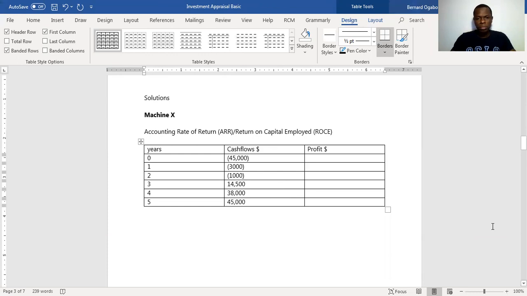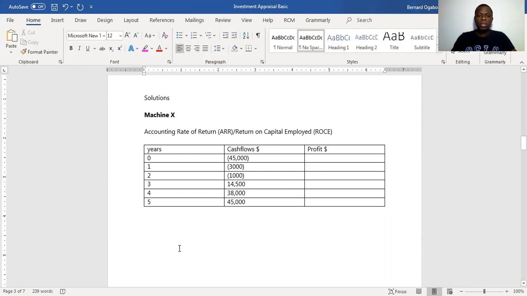Now, because I need to convert the cash flows to profit, I would first of all have to calculate depreciation. The life of the machine is 5 years, and the depreciation is calculated on a straight line basis. So I'm going to look at annual depreciation.